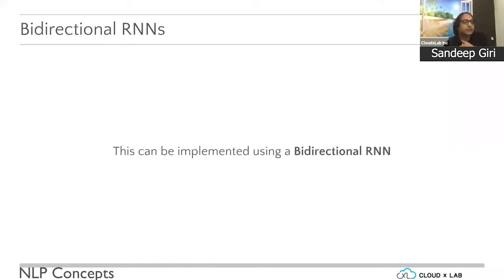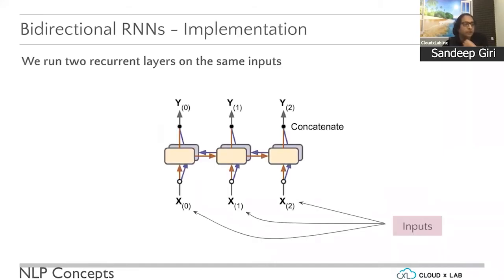So the inputs are the same, just that in this one, there are two RNNs at work. In the first one, we are feeding X0, then the second value in the same RNN, we are feeding X1, then X2. While in the other unit, we are feeding X2 followed by X1, then X0. And the results are being concatenated.